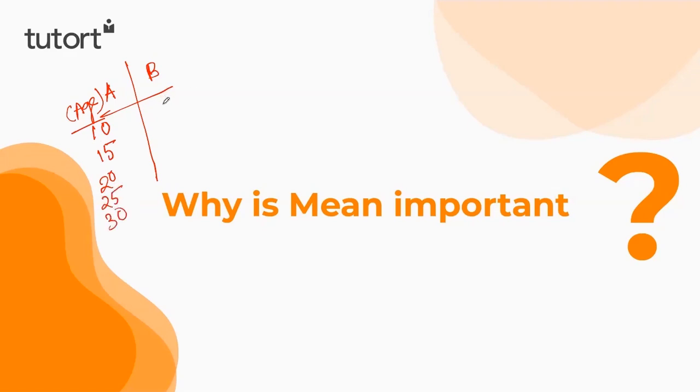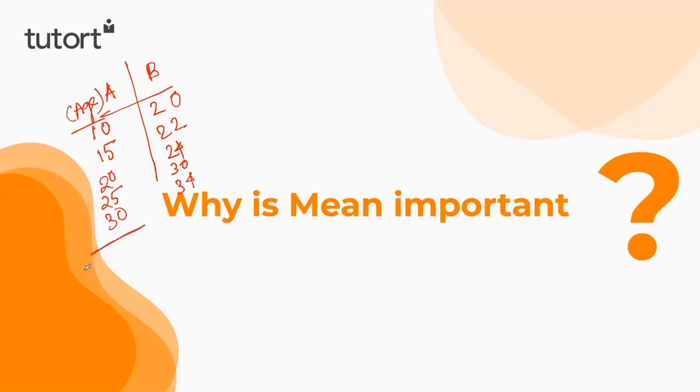And in Group B, the people are of age 20, 22, 24, 30 and 34. So what will be the mean of Group A?